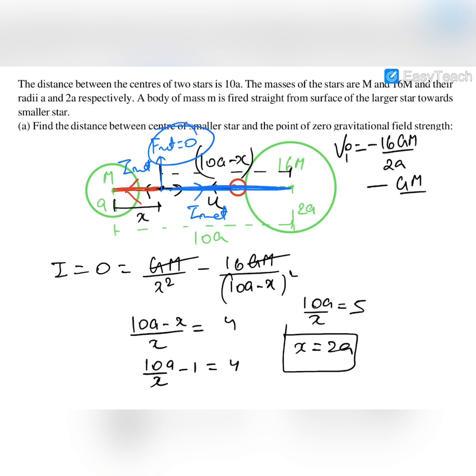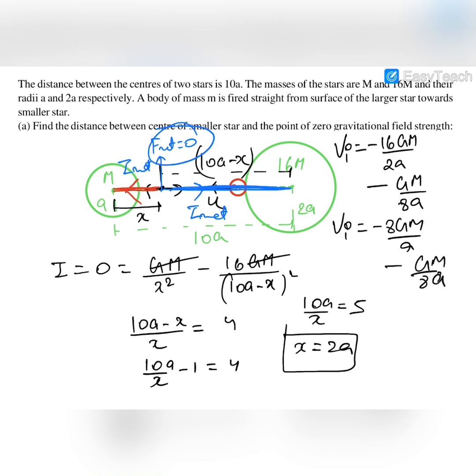The potential at this point due to this star would be minus GM by the distance of this point from the center, which is 8a. So the initial potential is equal to minus 8 GM by a, and minus GM by 8a.